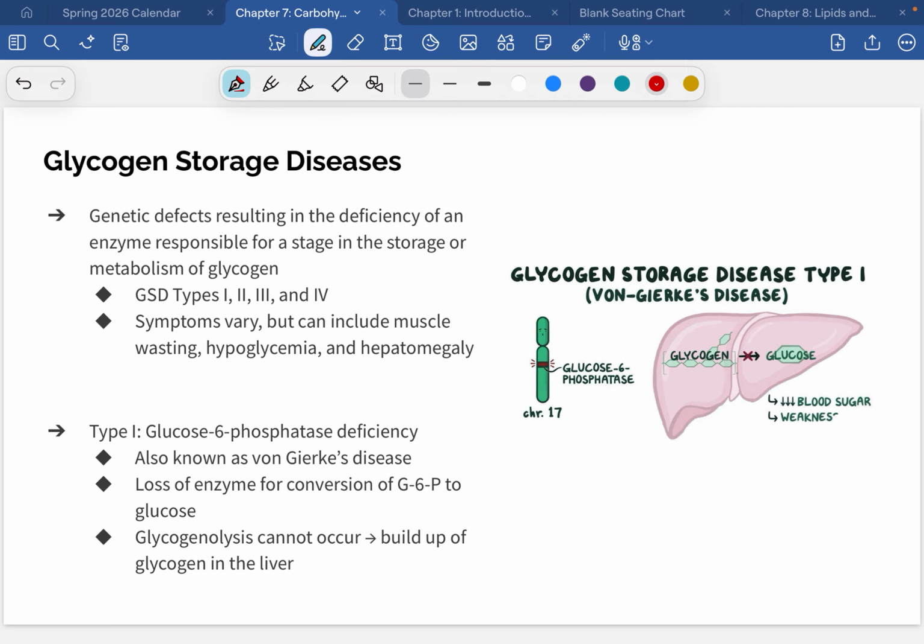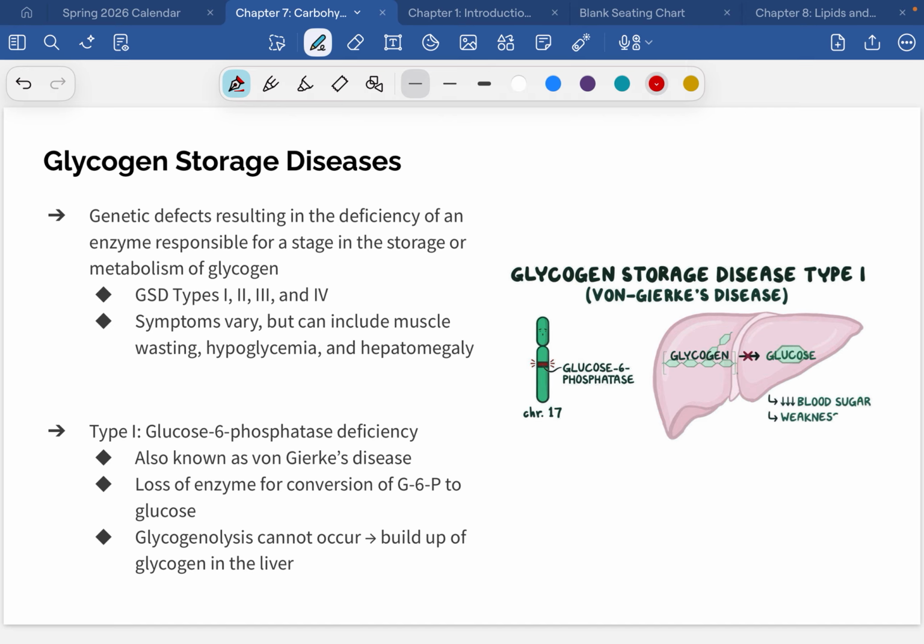But these glycogen storage diseases are a group of genetic diseases that result in a defective or missing enzyme somewhere in the metabolic processing or storage of glycogen. That can be in the making of glycogen, in the storage of glycogen, or in the metabolic processing of glycogen back to glucose.